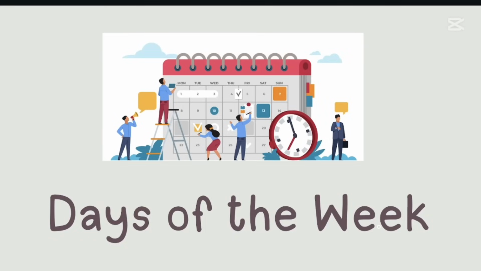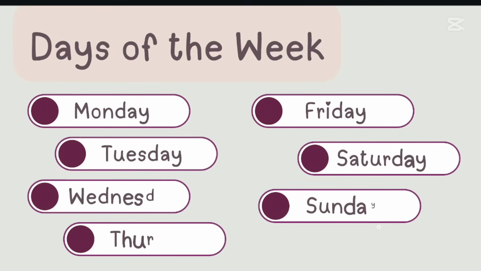So we have here now is what we call the day. So here, days of the week. So in the calendar we start on Sunday, right? But here our days of the week, in English term, we have Monday, Tuesday, Wednesday.